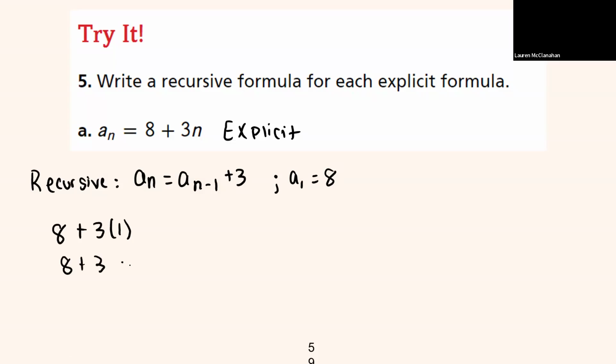So 8 plus 3 equals 11. And our common difference is 3. So to get to our next term, we would add 3. 11 plus 3 is 14. 14 plus 3 is 17. And then so forth. Okay. I feel like this is pretty easy, guys. All you have to do is pull numbers from what you're already given.